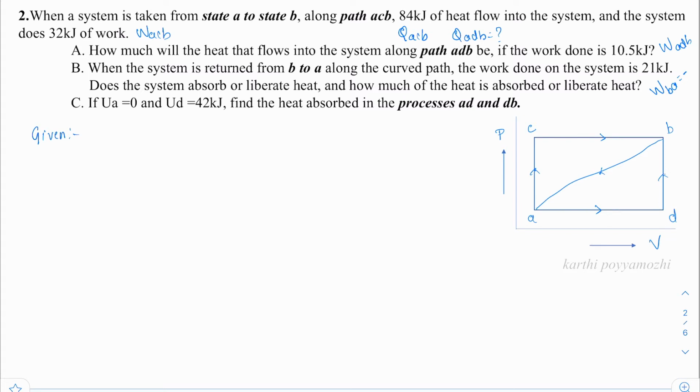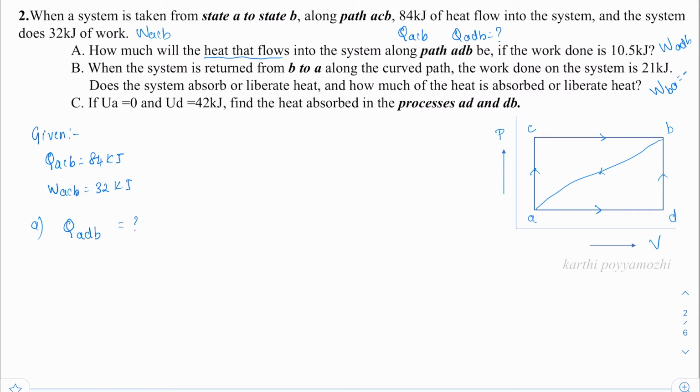We have Q of ACB equal to 84 kilojoule and work done in the same path ACB equal to 32 kilojoule, and we have to find how much heat flows into the system along the path ADB. We have to find Q of ADB.